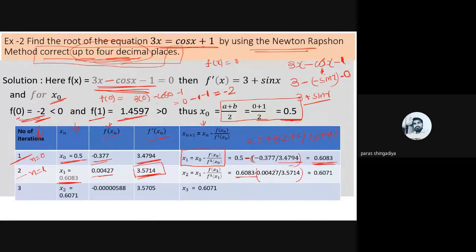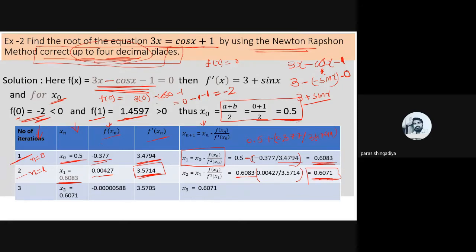Check this value in the calculator and verify the answer. Bracket over, you will get the answer 0.6071. That is the answer of the second iteration, x2.